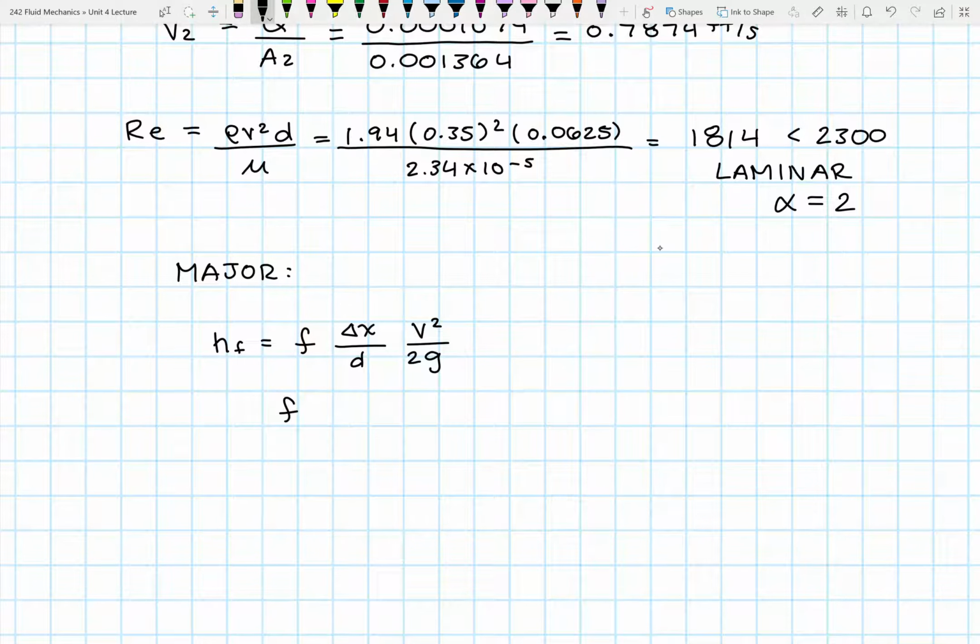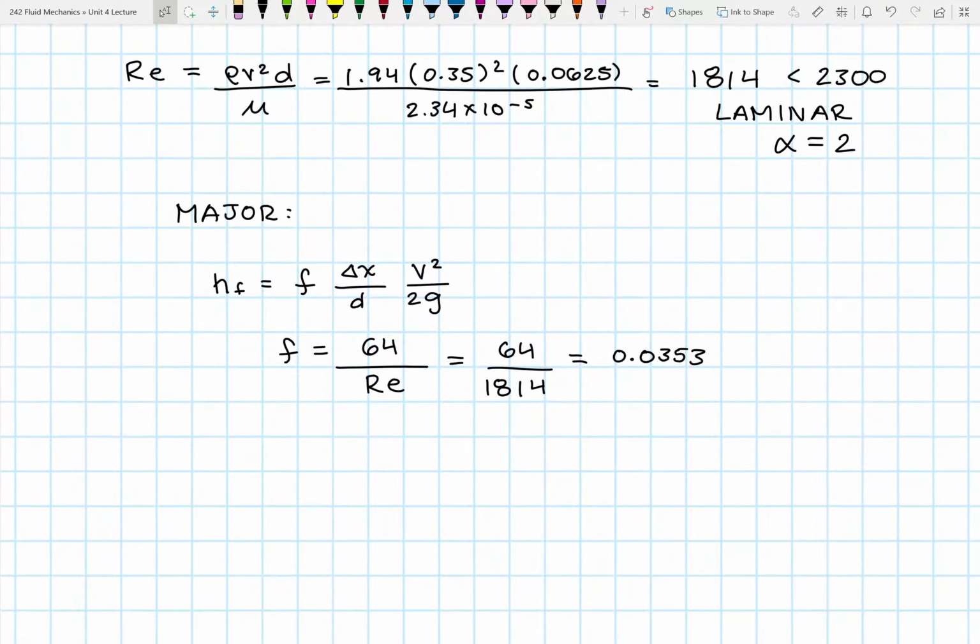So f for laminar flow is just going to be 64 divided by our Reynolds number. So none of that Moody chart stuff. We just go ahead and divide 64 by 1,814, and that gives us a friction factor of 0.0353.